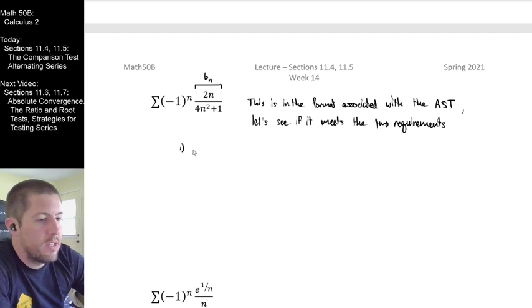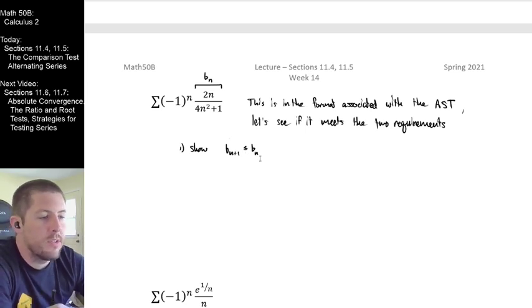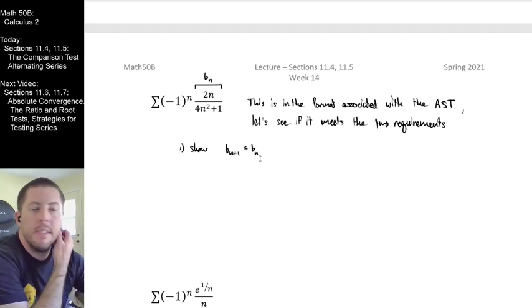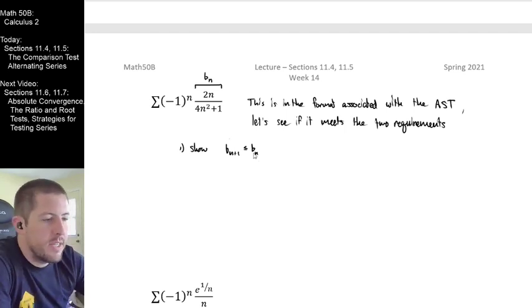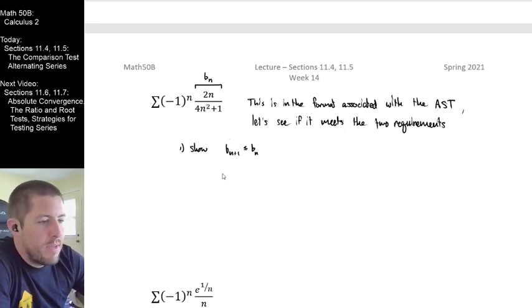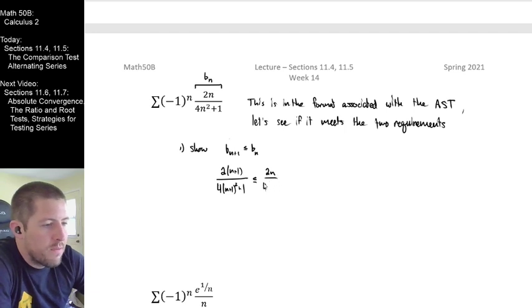So one, I need to show that the sequence is non-increasing: b sub n plus 1 is less than or equal to b sub n. How am I going to do this? This suggests that I want to show that 2 times n plus 1 over 4 times n plus 1 squared plus 1 is less than or equal to 2n over 4n squared plus 1.